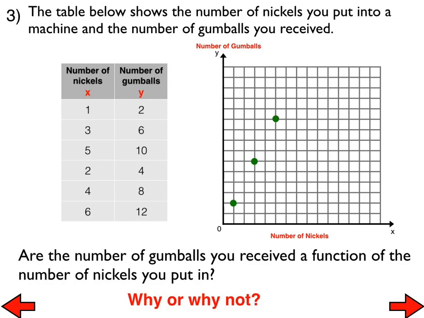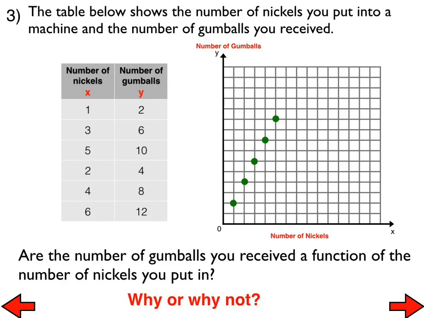Okay. While I'm doing this, is this a function, yes or no? Yes, yes it is. Is it a proportional relationship? Yes. Because if you don't put any nickels in the machine, you are not going to receive any gumballs. There's 0, 0. There's the origin. What's the function rule? Y equals 2x. Okay. Discrete or continuous?